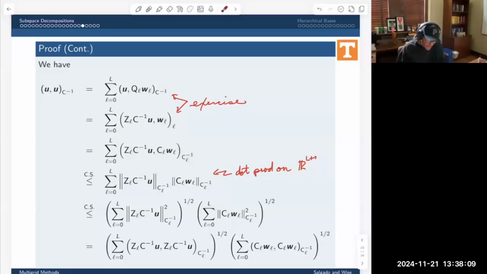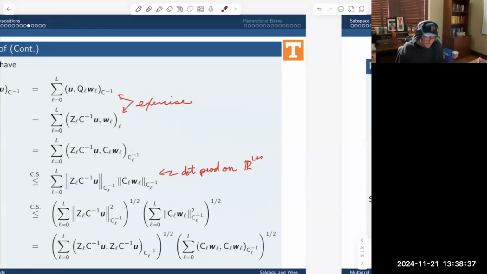Okay, now I'm just going to convert these objects here from this norm squared into an inner product. So each one of these gets converted into an inner product. It's the same inner product because it's the same norm. Okay, so Z_L C inverse U, Z_L C inverse U, C_L W, C_L W. All right, now here you can see I can move this guy up to one of these guys and I could create the identity if I want.